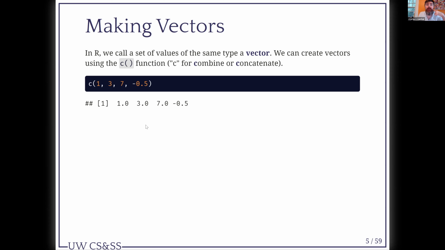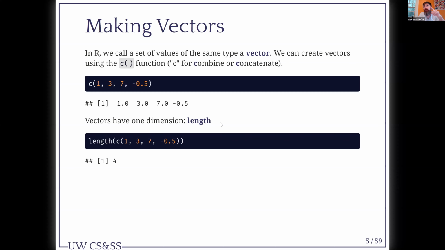If I want to create a vector of the numbers 1, 3, 7, and -0.5, I could just put those numbers separated by commas inside this c function, and it generates this length 4 vector. Okay, this is just making a vector. Vectors only have one dimension. They have a length. If you want to know the length of a vector, you can put that vector inside the length function, and it will tell you how many elements it has.